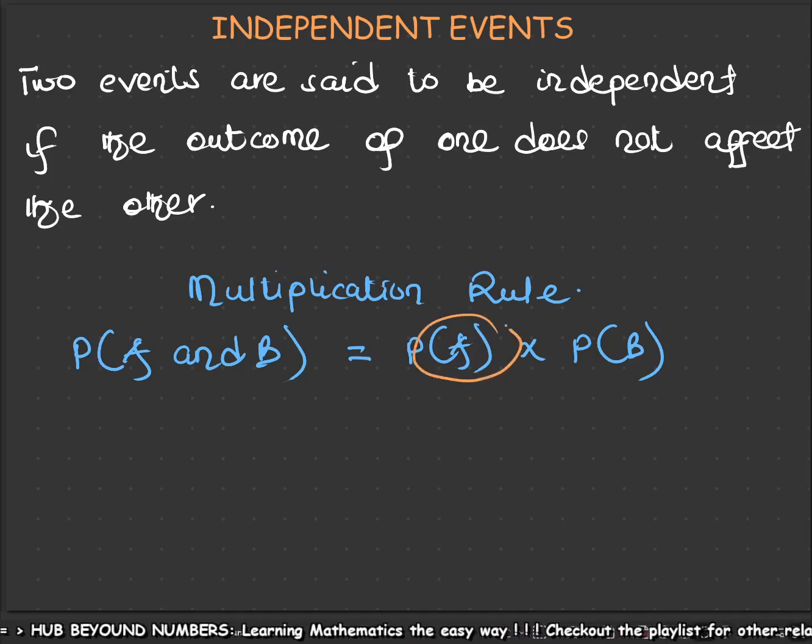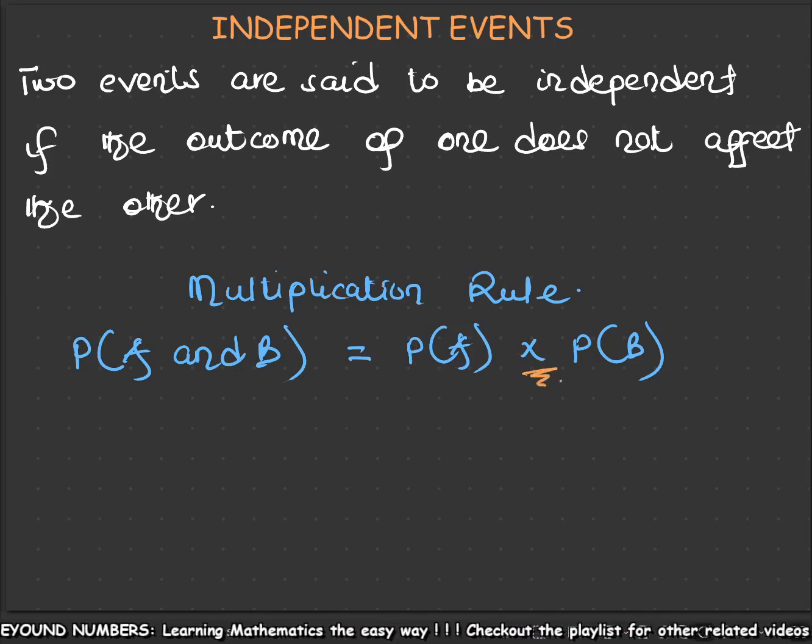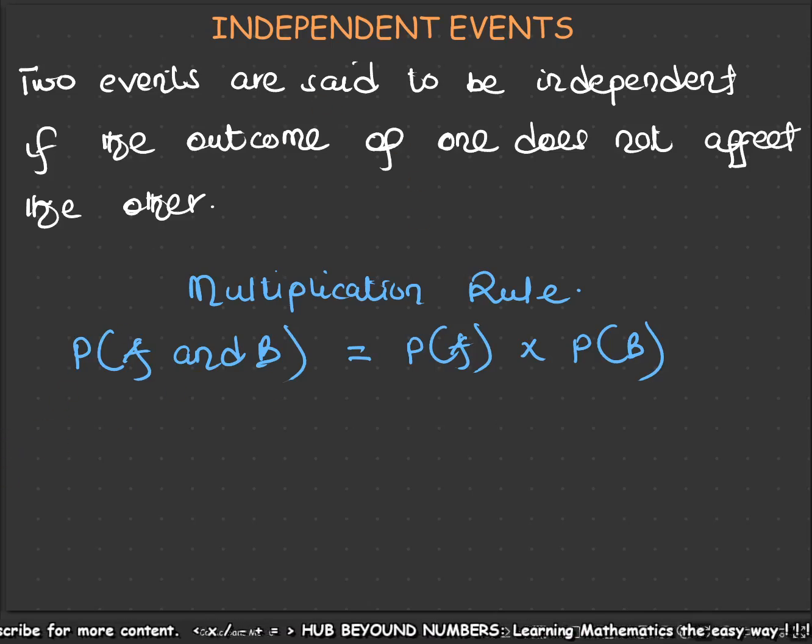That is the probability of A multiplied by the probability of B. Probability of A and B is given as the probability of A times the probability of B. So that is the multiplication rule for independent events. Let's look at how we can apply this in questions.